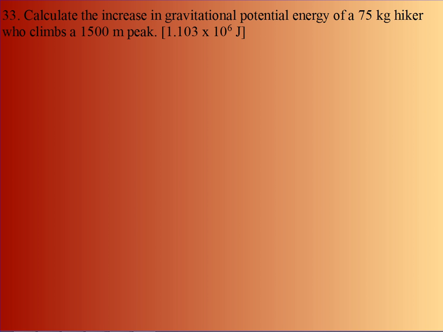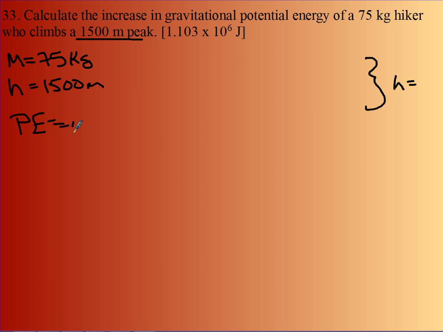Now, calculate the increase in gravitational potential energy of a 75 kilogram hiker who climbs to 1,500 feet. What this means is he's going to go up a height of 1,500 meters. So the potential energy is mgh.